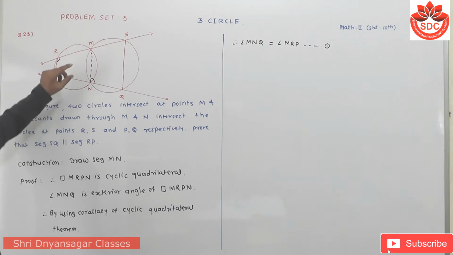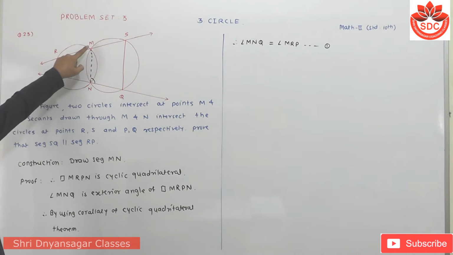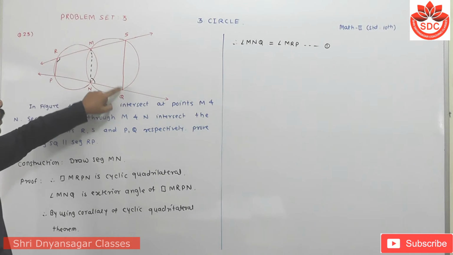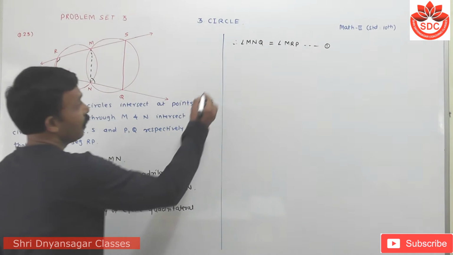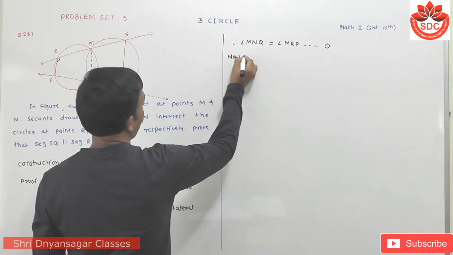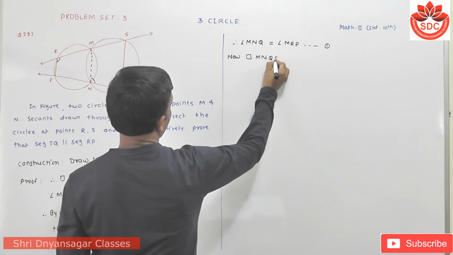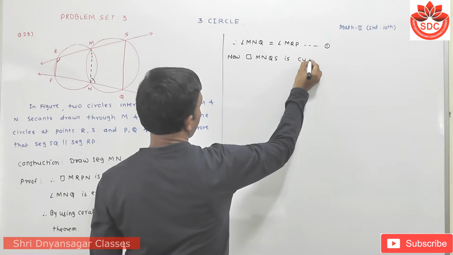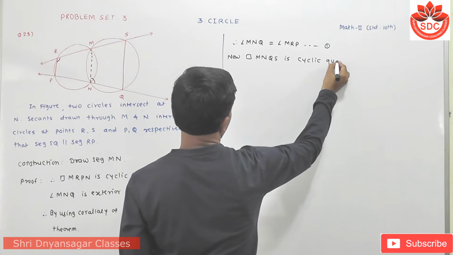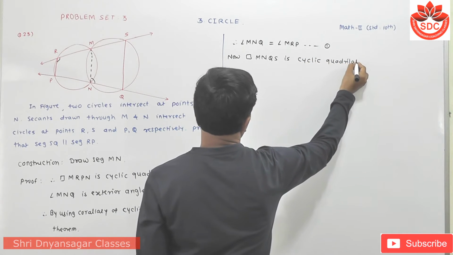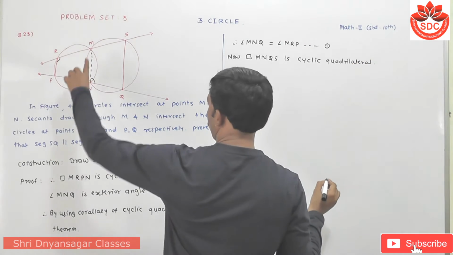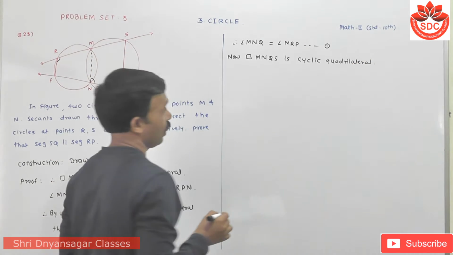Okay, then we take the next quadrilateral MNQS. Quadrilateral MNQS is a cyclic quadrilateral. By joining this segment MN, we get that this is also a cyclic quadrilateral.